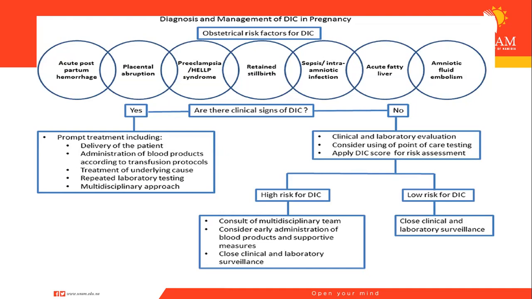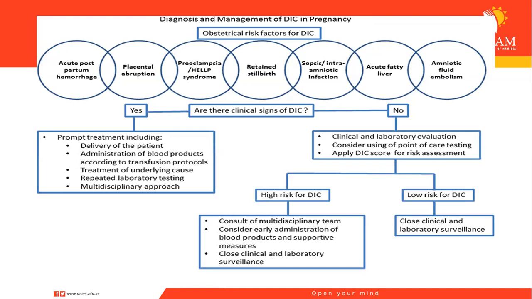So you want to first of all look at the obstetric factors. And you want to find out, is there a clinical diagnosis of DIC? Most of the time, DIC is diagnosed on clinical basis, and the demerit there is that a lot of the time it is diagnosed late.